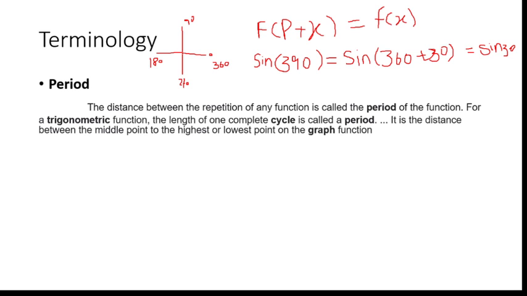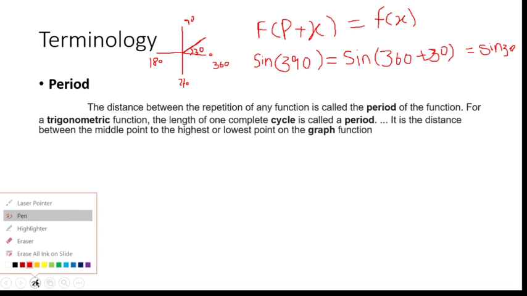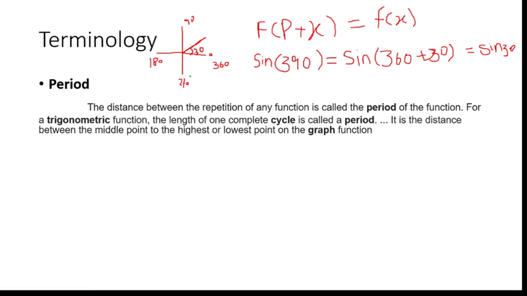You notice here 390 is somewhere here, and this angle is 30 degrees. If we start from here, when we reach this point, our rotation is 360 degrees, and when we add 30 degrees more, we get 390 degrees, okay?